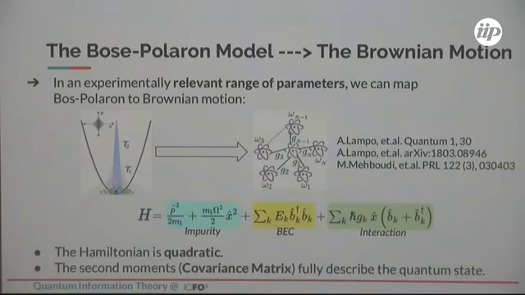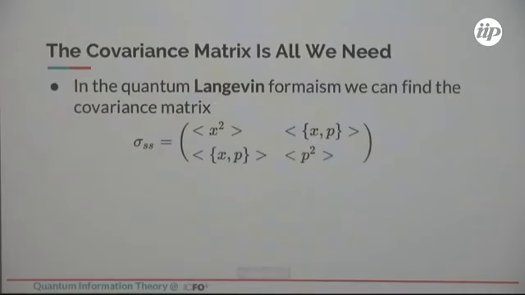Okay, so this Brownian motion is a very well-studied problem in the open quantum systems community. I won't explain how you can find this covariance matrix. Basically, you do the quantum Langevin equations, and in the end you can find the steady state covariance matrix.